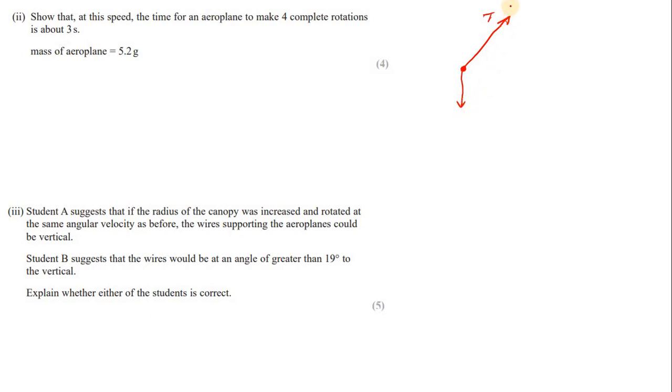Clearly this T is making an angle of 19 degrees with the vertical, and this T has 2 components. One is a vertical component acting in this direction, and this vertical component is basically adjacent, so T cos theta. And we have a horizontal component of T in this direction, T sin theta. And this T sin theta is basically the centripetal force, Fc.